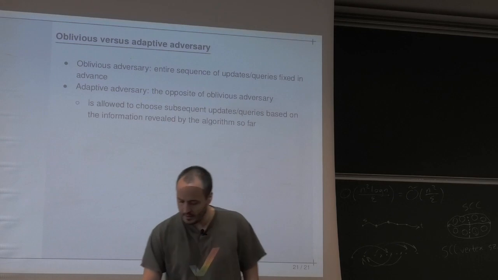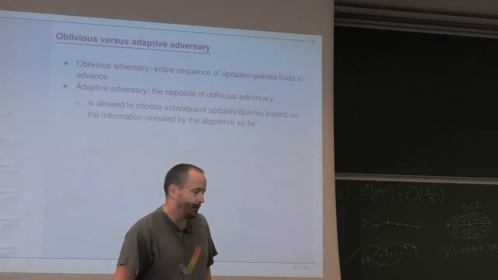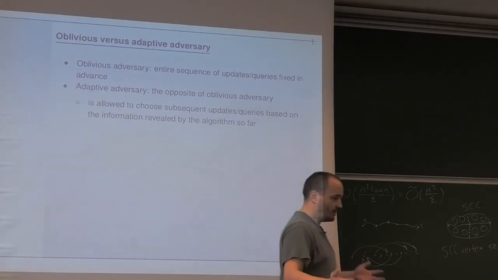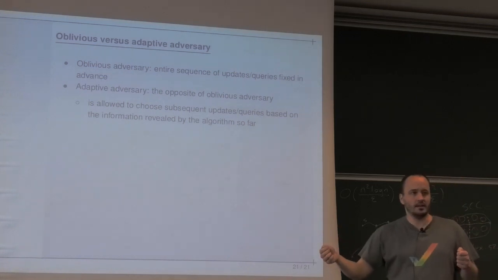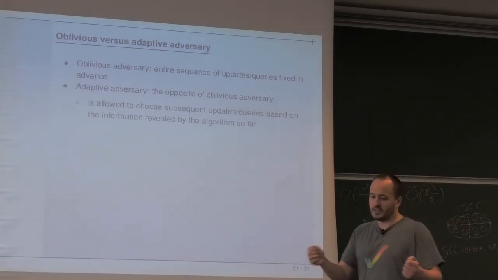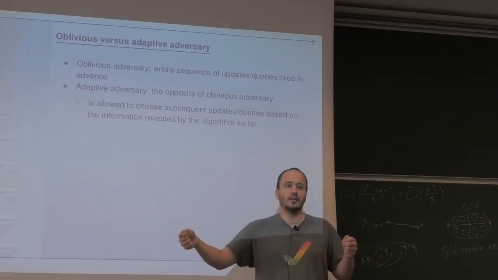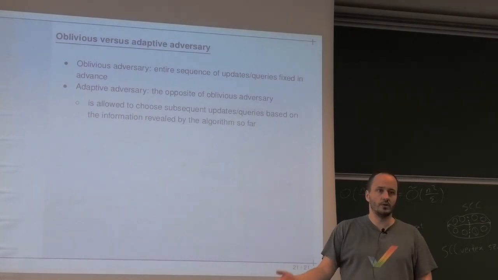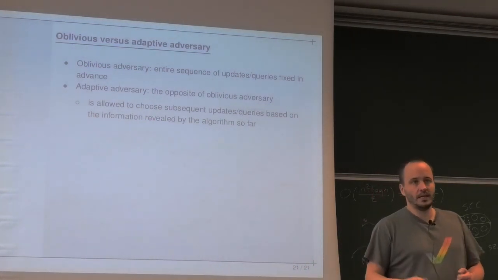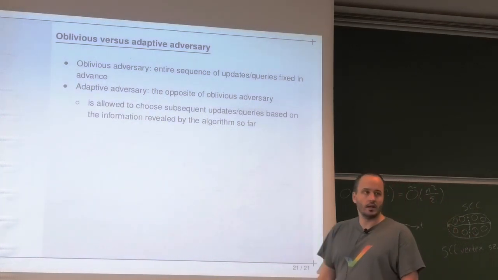And this is maybe a more realistic setting, because let's say you want to maintain some communication network, you query, are these two vertices well connected? And the algorithm says, no, they're not well connected. Maybe you want to do some updates to connect these two users back. But then you're an adaptive adversary, right? Because now you're doing your updates to your graph based on the information that the data structure gave you. Is that clear?